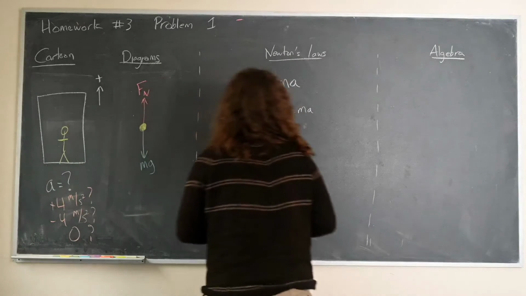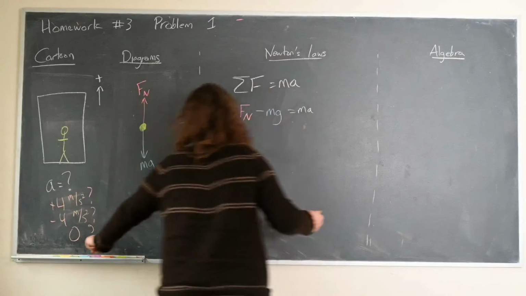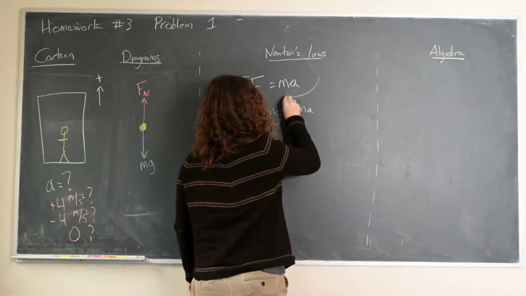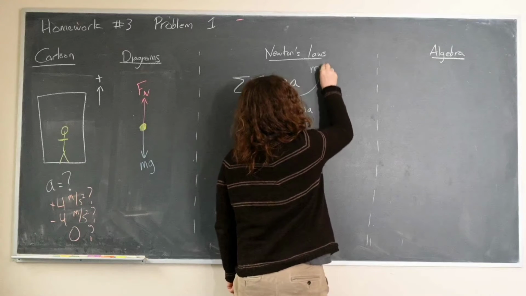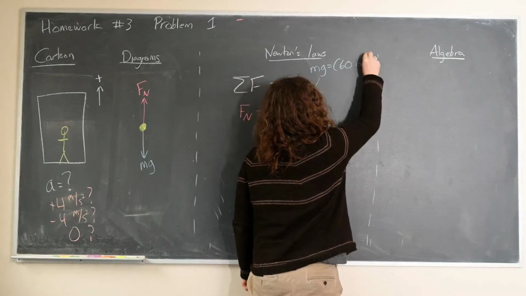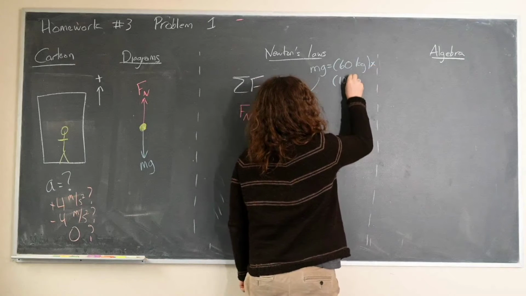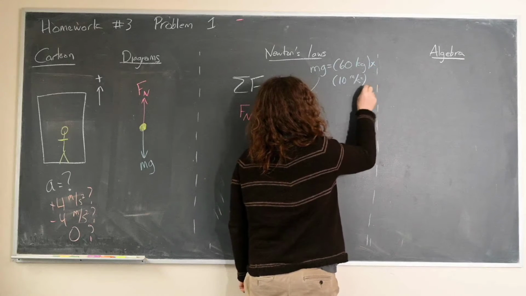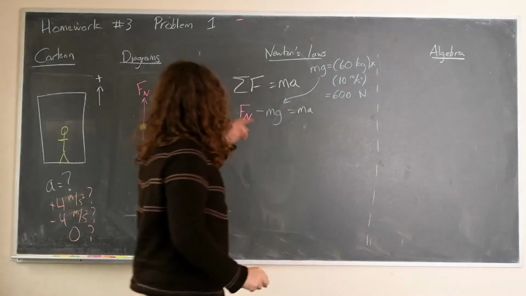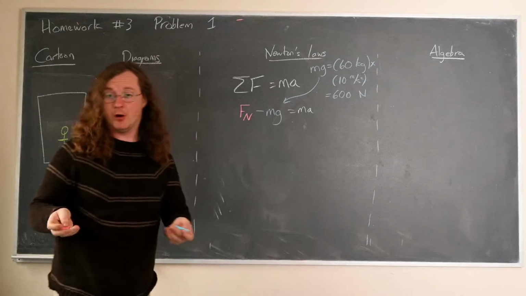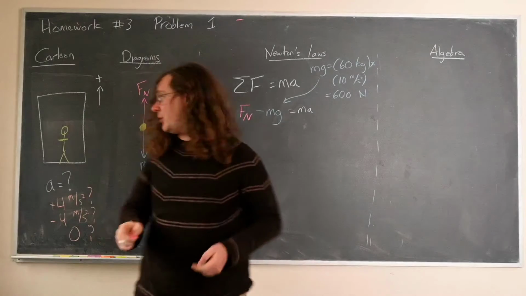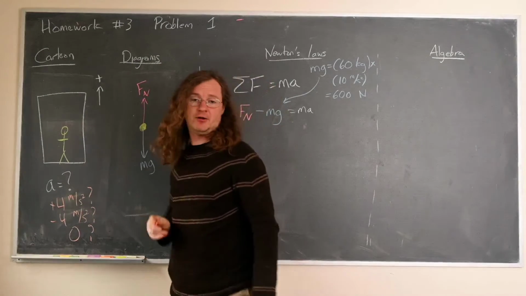So this weight force, mg, is always going to be 60 kilograms times 10 meters per second squared, which is 600 newtons. But the normal force, I don't know. The normal force is however big it needs to be to keep her accelerating with the elevator floor.